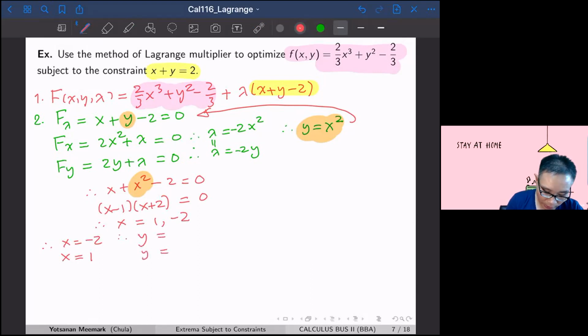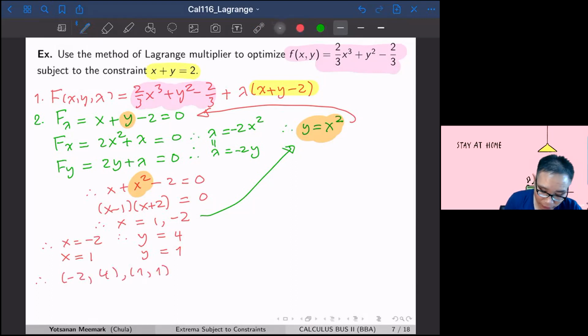So when x equal to minus 2, you get y equal to 4. Okay, so you plug this guy into this equation. Okay, and you have y equal to 1. So you get 2 points. They are negative 2, 4 and 1, 1.